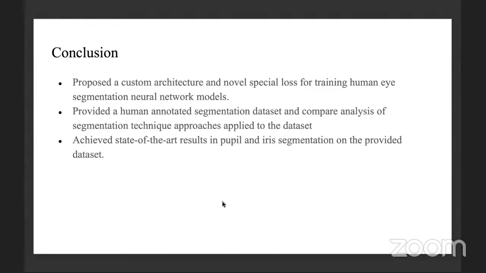And we show that the usage of our specific knowledge of a task is really important, and it allows us to achieve good results for the iris pupil segmentation. So that's it. Thank you for your attention. I would like to answer some questions.